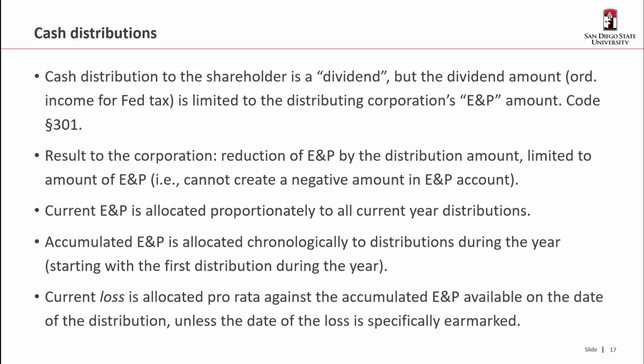So you have this unique opportunity, when you have a giant loss that can be specifically identified to a certain transaction, to try to earmark that loss into a certain period. And we'll talk about this allocation of the current loss shortly, because it becomes part of the way that you calculate the dividend amount anyway.